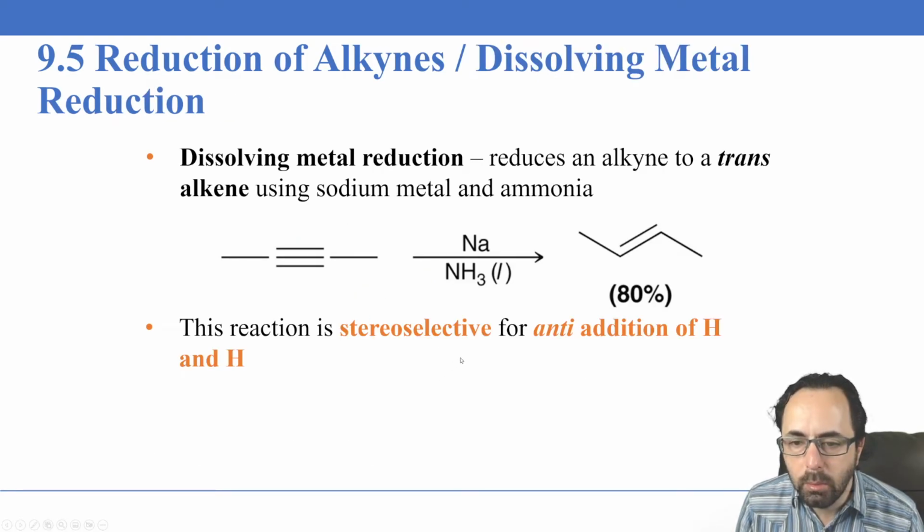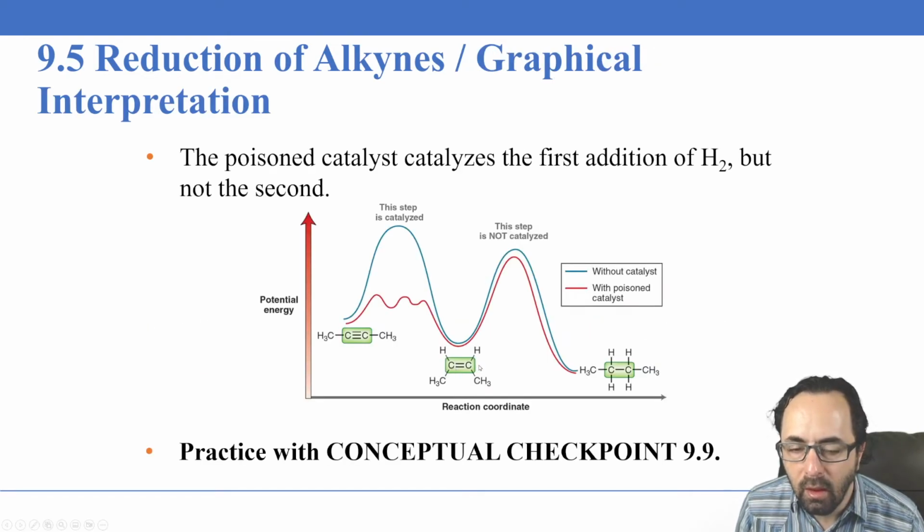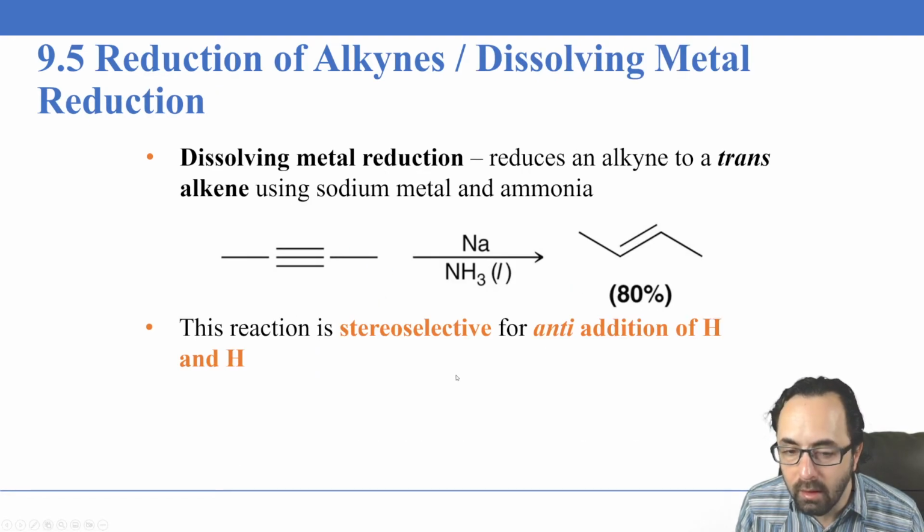Notice again that the use of Lindlar's catalyst, the poisoned catalyst, produces the syn addition of hydrogen, where the hydrogens are added on the same side. What if we want the trans addition?